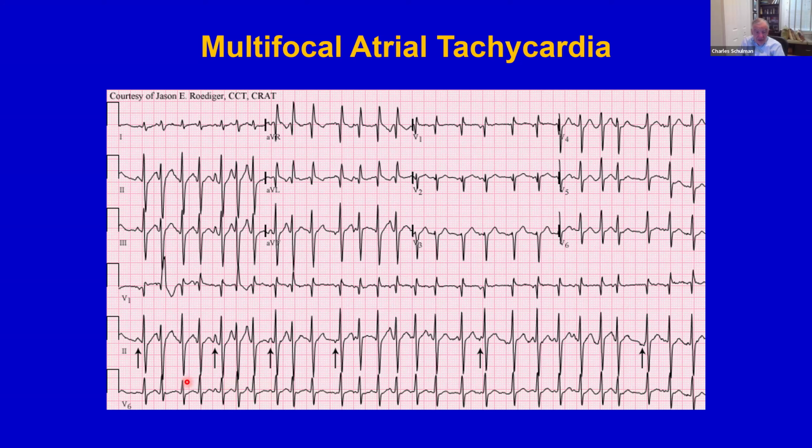So here's 1, here's number 2, this may be number 3. There's number 3 for sure. Yeah, there are 2 of those, and then a couple of these, and then this one. So you can see the P waves.